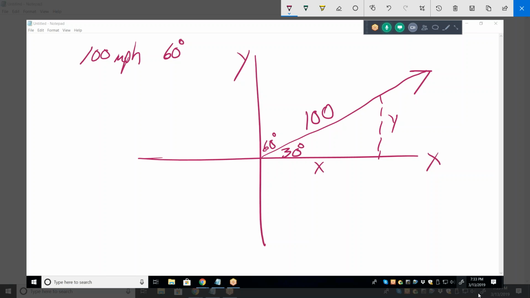In other words, the sine of 30 degrees equals what? Sine is opposite over hypotenuse, so y over 100? But how do you know that the 100 goes on the hypotenuse?